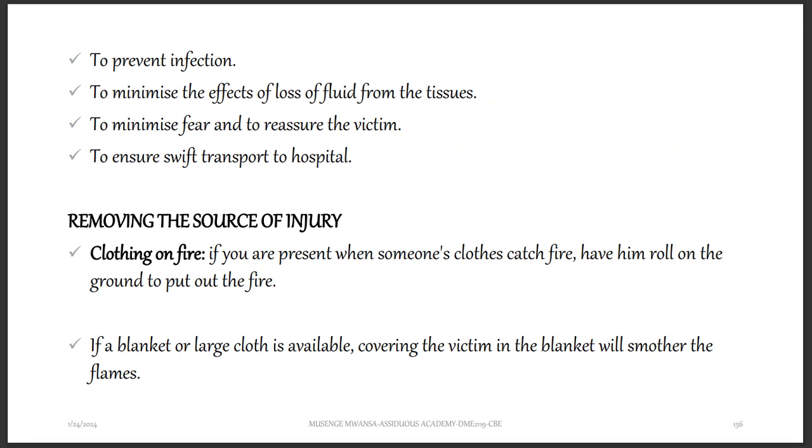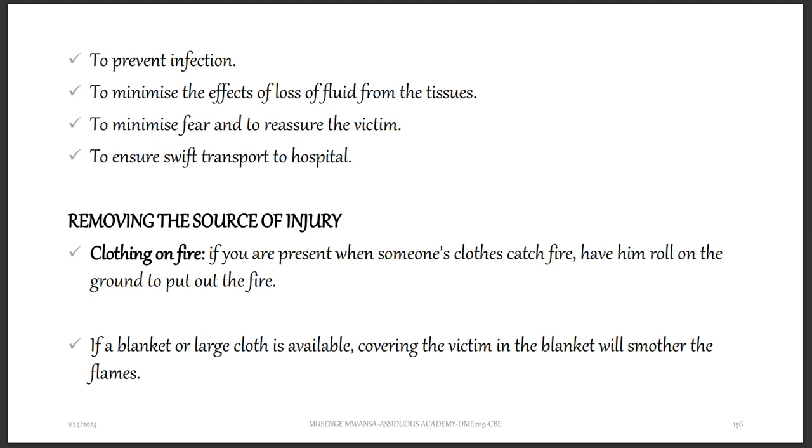You want also to minimize fear and reassure the victim. Don't tell them they are dead, or that by the time we reach there they won't survive. Your aim is to minimize fear, reassure the victim, and ensure swift transport to the hospital. As quickly as possible, the victim should be taken to the hospital.